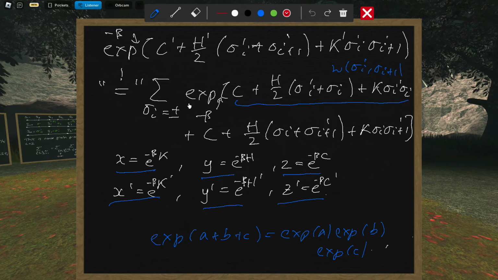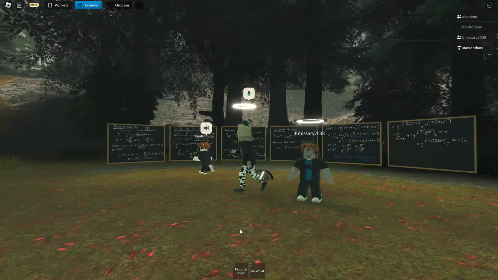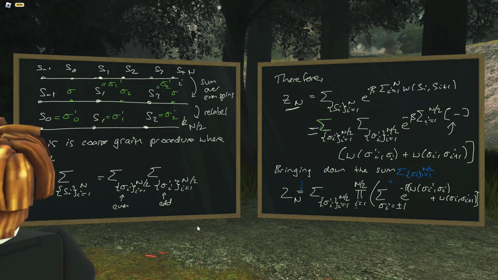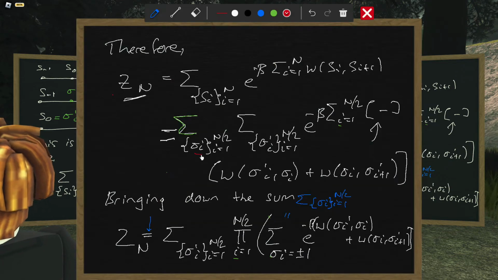There's sigma and there's sigma prime. If we go back to this board, sigma prime is what I'm relabeling as the odd spins, and the even spins are sigma unprimed. The sigma primed ones are the ones that are going to stick around after I do the renormalization step.